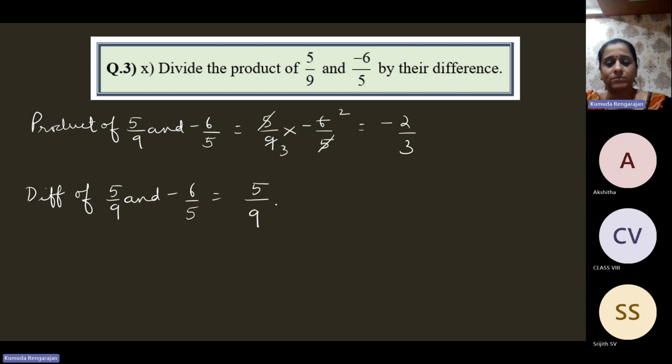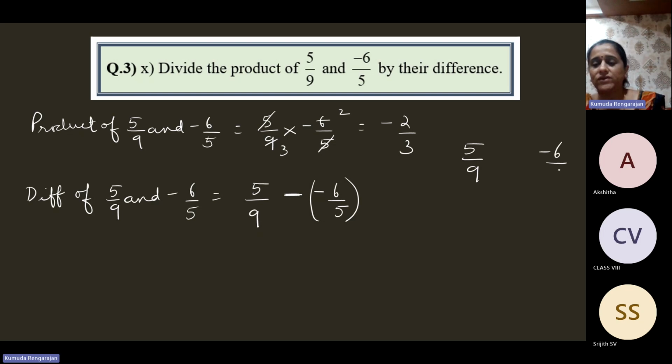5 by 9 is one number. Minus 6 by 5 is the other number. We need to find the difference of these two, so you should put a minus sign in the middle. So it will be 5 by 9, minus into minus, plus 6 by 5.